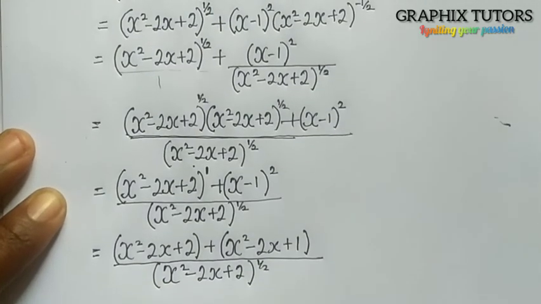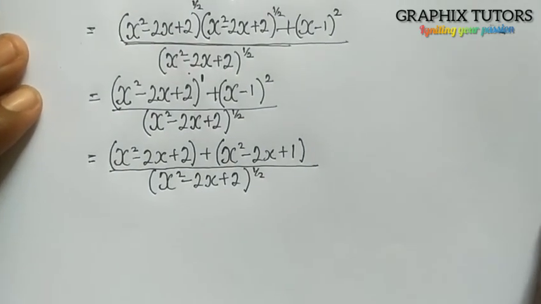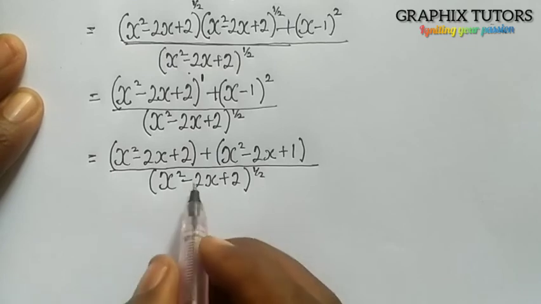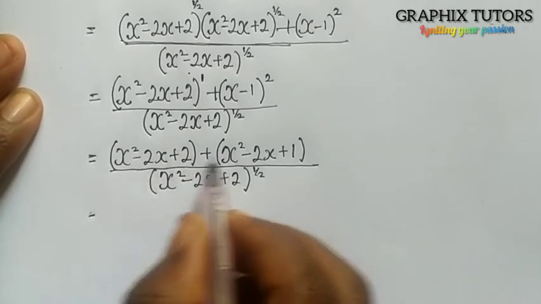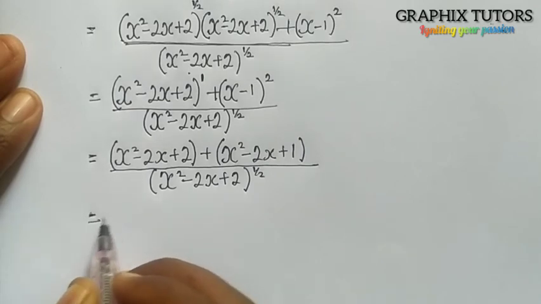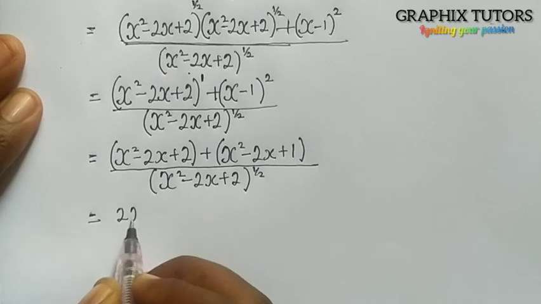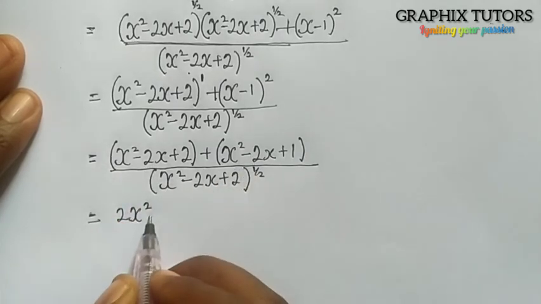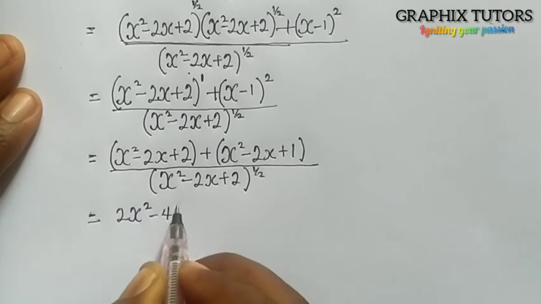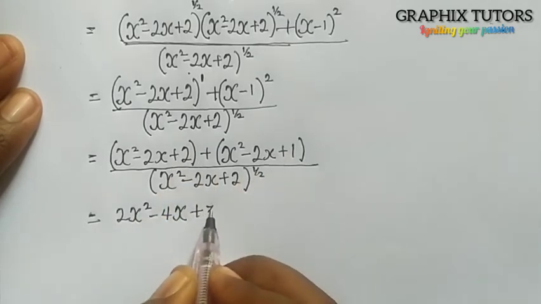Now we move forward. Since everything is adding each other, x squared plus x squared will give me 2x squared, minus 2x minus 2x will give me minus 4x, 2 plus 1 will give me plus 3.